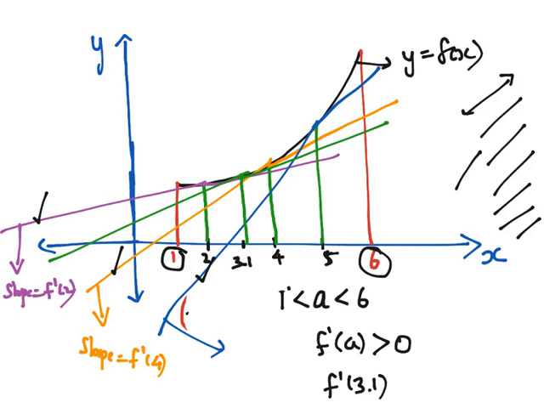Yeah, definitely this tangent will have a positive slope. So f dash of 3.1 will be more than 0. So definitely, if we take any value between 1 and 6, f dash of a will always be positive. Okay, so this will always be a fact. So if we take any point between 1 and 6, f dash of that point will always be positive.